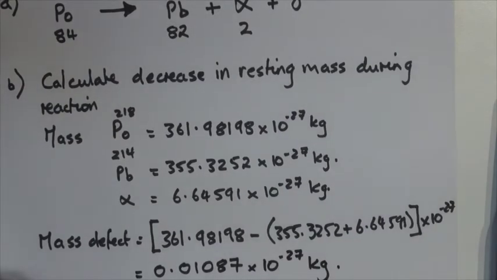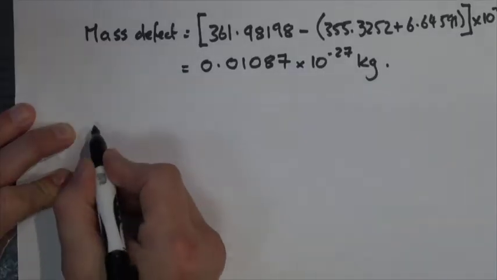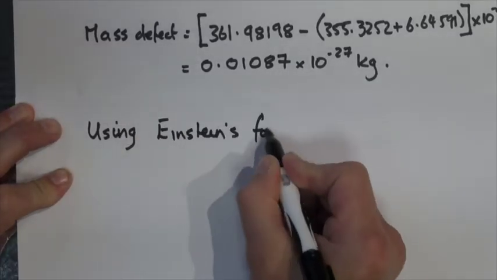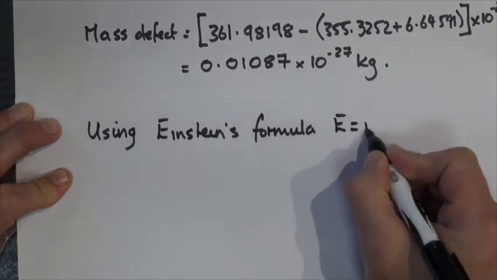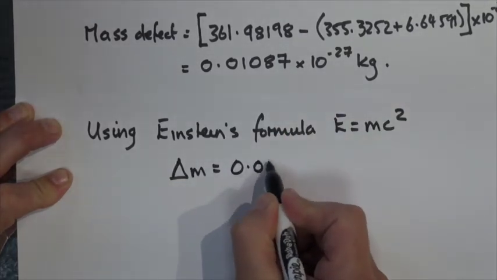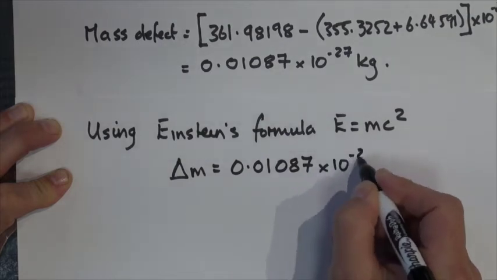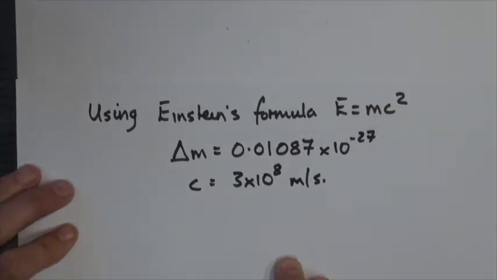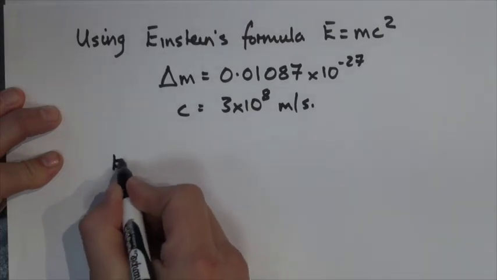So somewhere I have lost mass. The key thing to understand is that by losing mass, we can use Einstein's formula E equals mc squared, noting that a change in mass will be energy released. My change in mass is 0.01087 times 10 to the negative 27. c is the speed of light, which is 3 times 10 to the 8 meters per second.